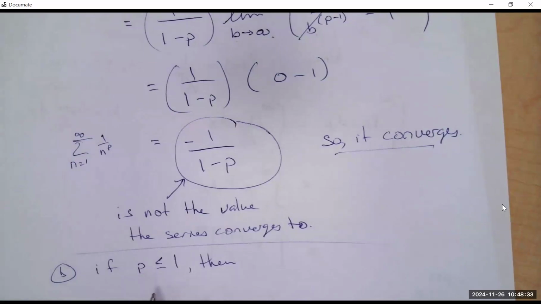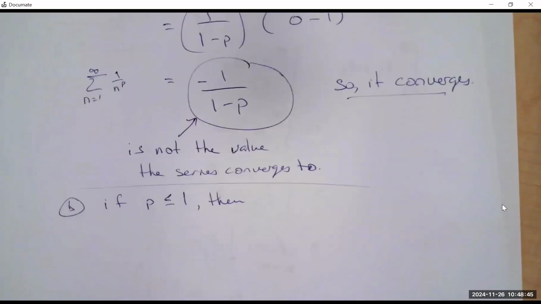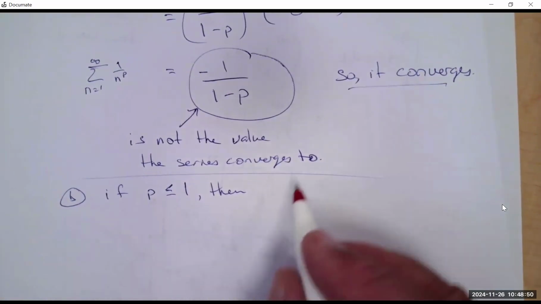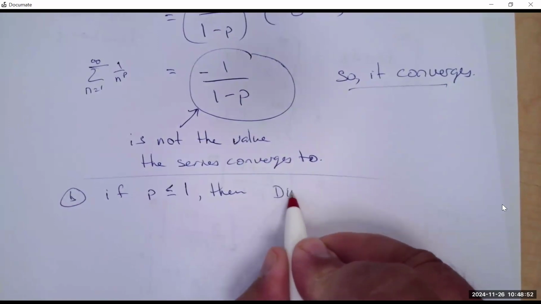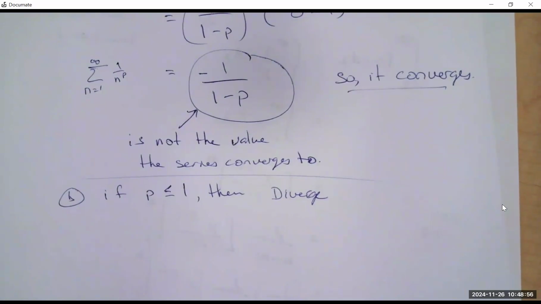If it's less than 1, are there any conditions on p? It can't be negative. It's going to be a fraction, right? So since greater than 1 converges, this one's going to diverge, because instead of going to 0, it's going to go to some bigger value.